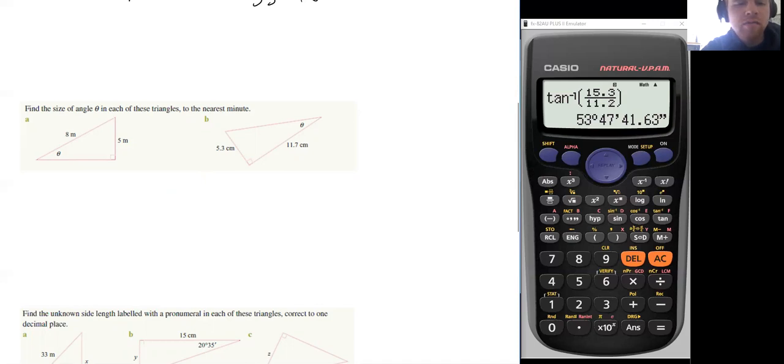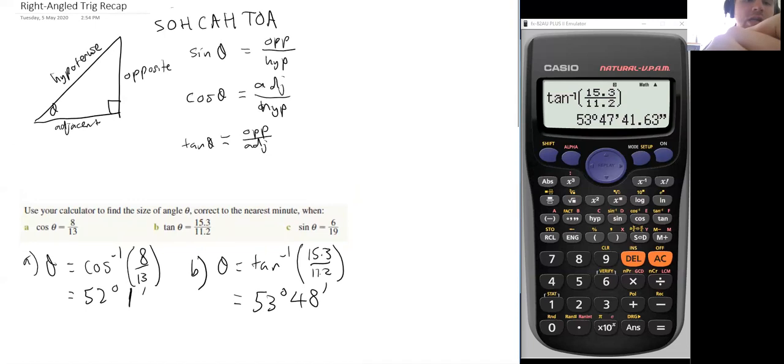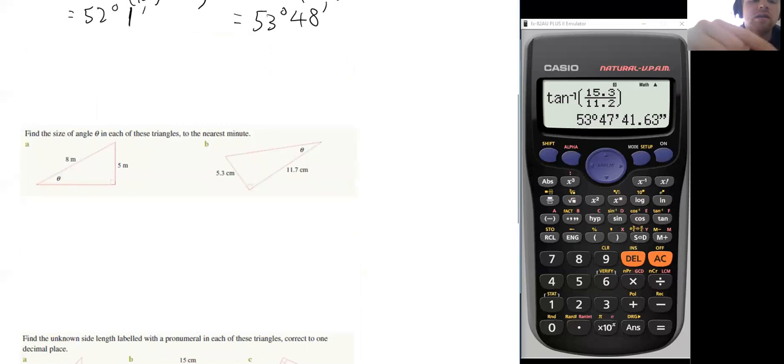Because we have the one on the other side, it's going to be the opposite, and we've got the hypotenuse as well. So we've got to think which ratio we're going to use if we've got the opposite and the hypotenuse. Katoa, which one contains the opposite and the hypotenuse? And the answer is our sine one.